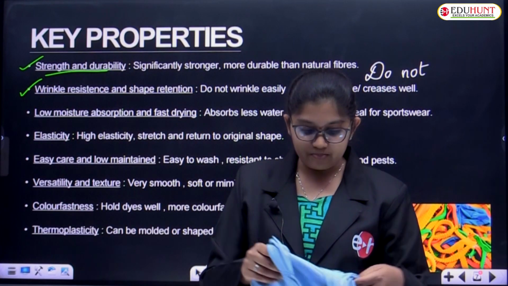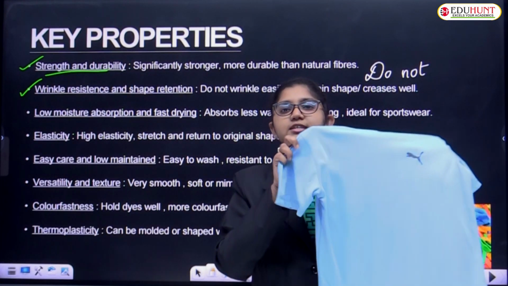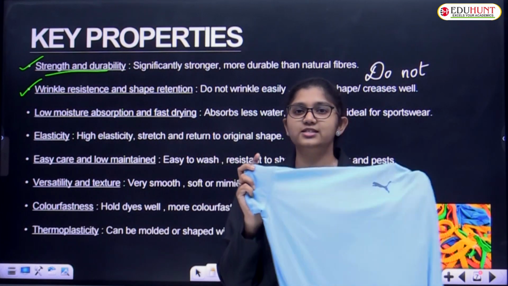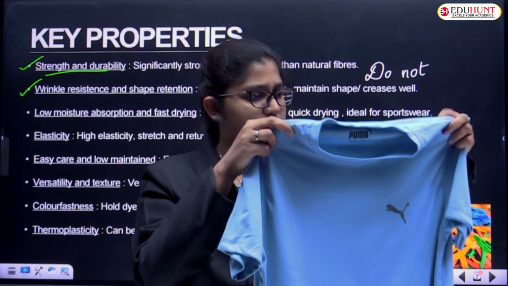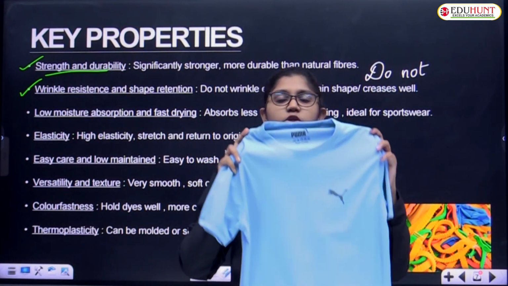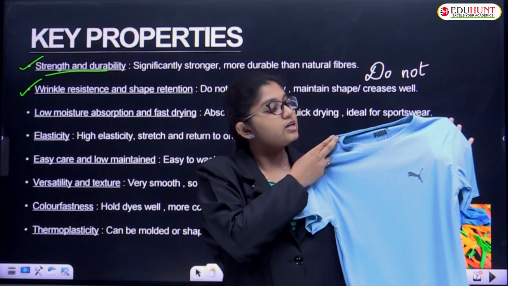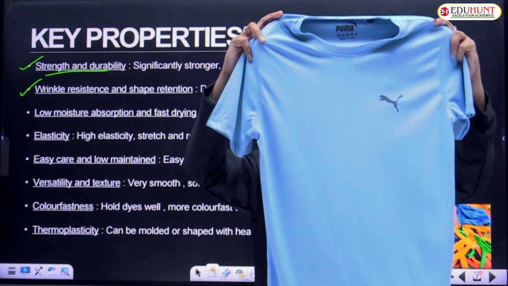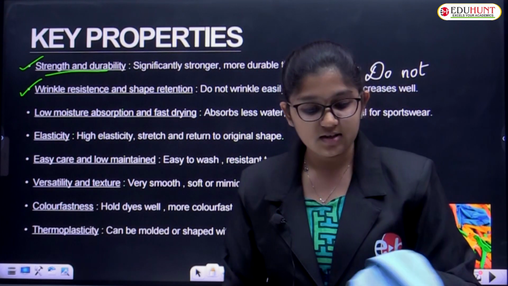But synthetic fabric doesn't give any wrinkles or creases, and it maintains its shape. This is especially used in sportswear, and this fabric is made from a synthetic fiber, polyester.